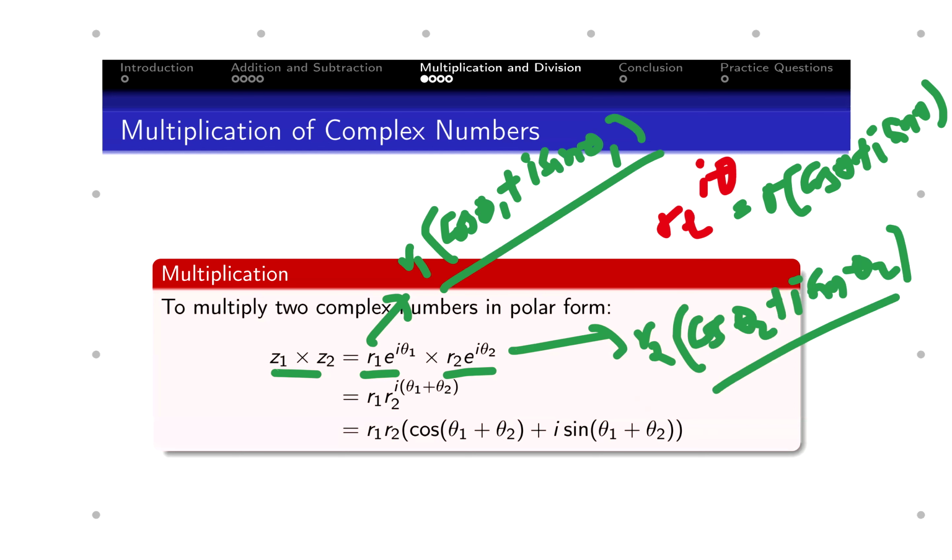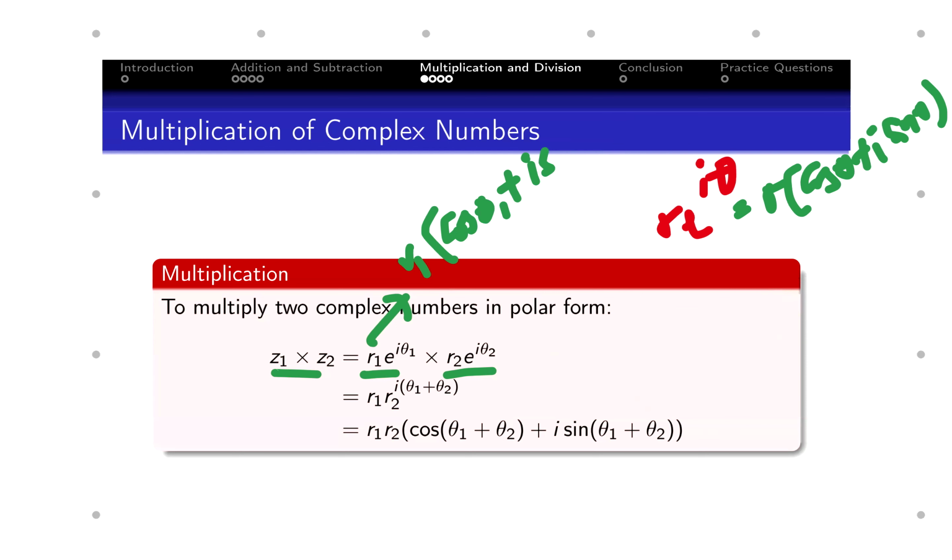You have to say r1 cos θ1 times r2 cos θ2, and then you can actually do that and get your result. But that's too much trouble, right? So what is advisable to do is to just use the idea of indices that you know already, which is very applicable here.